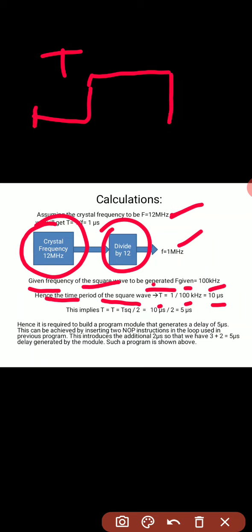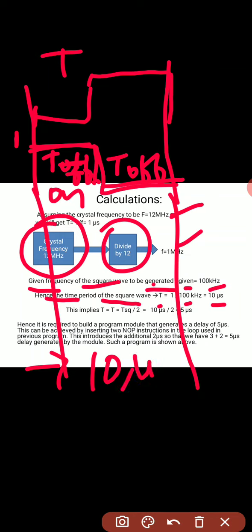One clock cycle includes one T on and one T off, right? And we know that the total time for one cycle is equal to 10 microsecond.